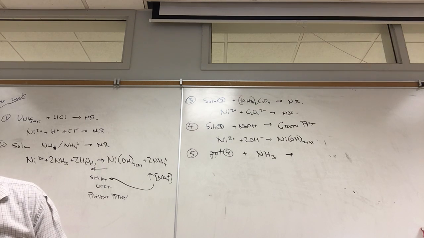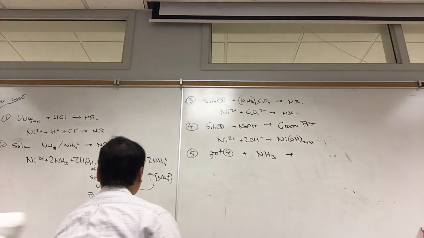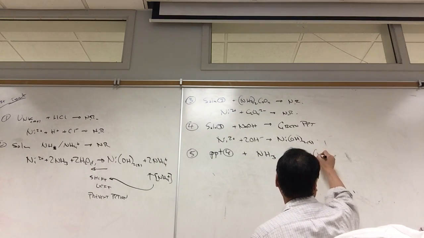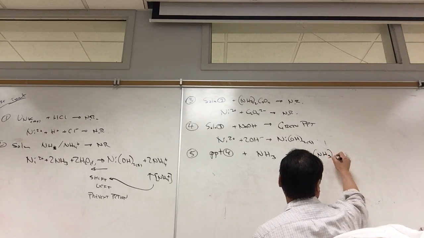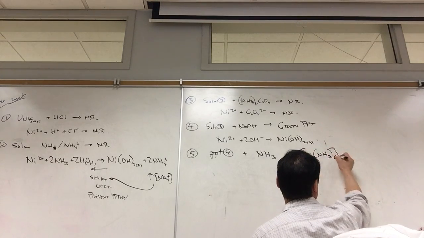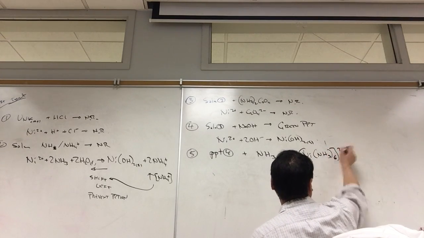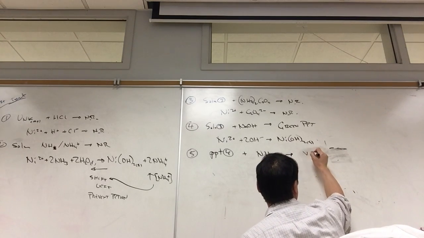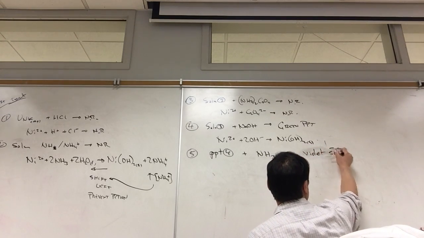A violet solution, because what forms? Hexaamminenickel(II). Which means that nickel does... oops, this is not right. Sorry, it forms a violet solution.